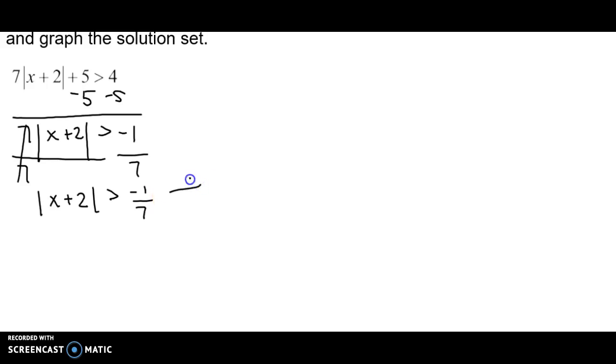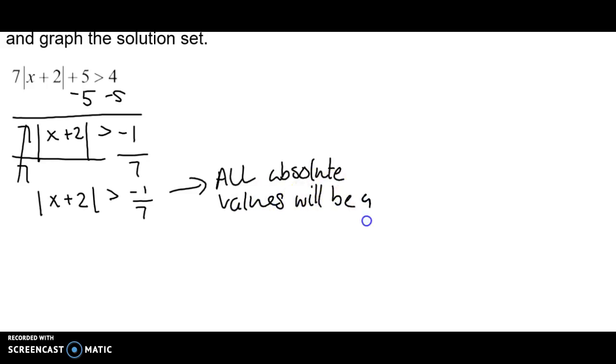A little note off here is that all absolute values will be greater than a negative number.